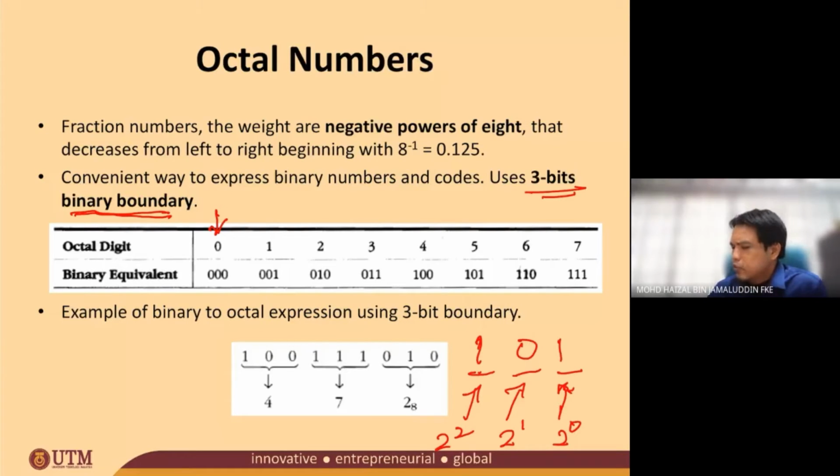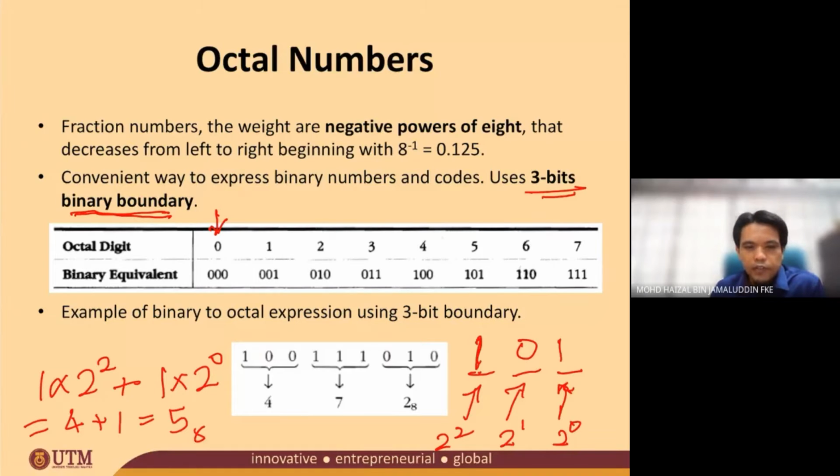You just need to multiply: 1 times 2 to the power of 2 plus 1 times 2 to the power of 0. So you have 4 plus 1, and you get the octal number 5. You write a small 8 to represent that it is an octal number.